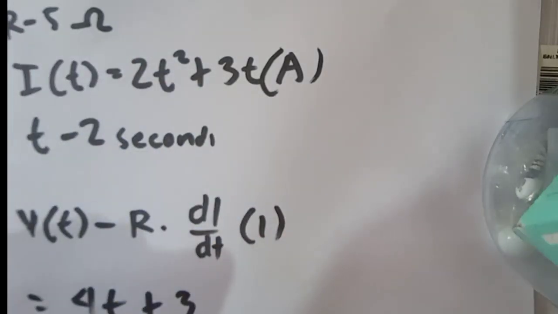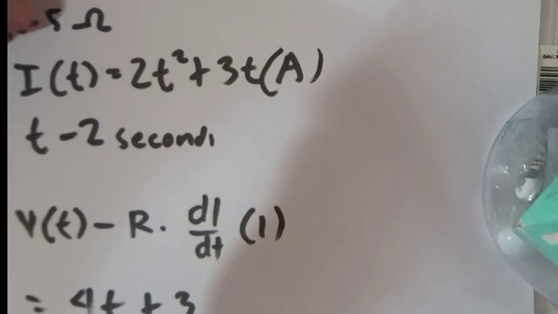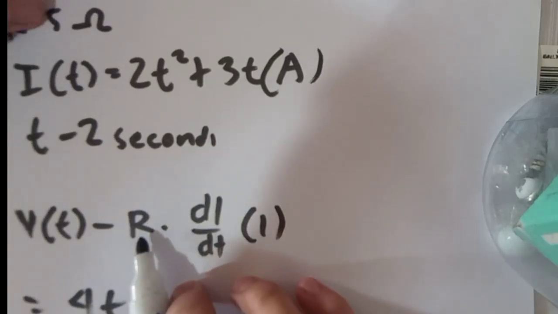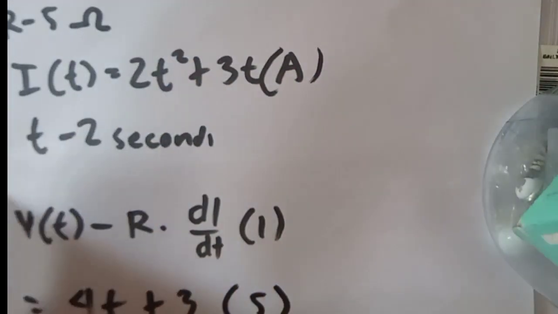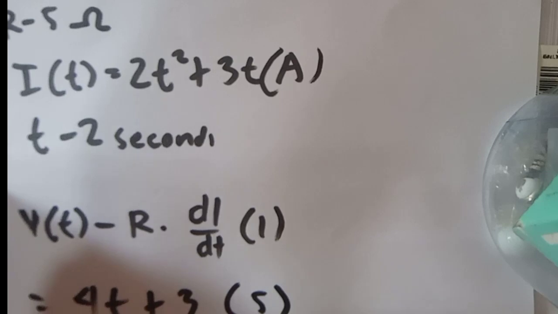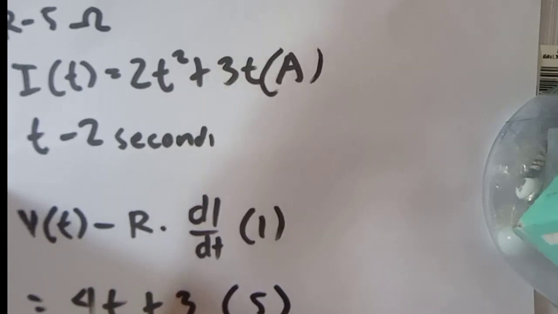Then we multiply it by the 5 ohms, because it is the resistance, so times 5, we have 20t plus 15. Note that t represents time, or the changes of current at a given time.